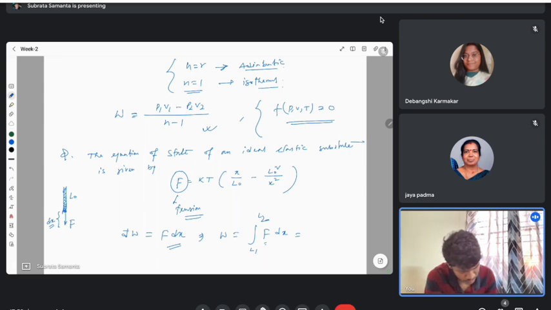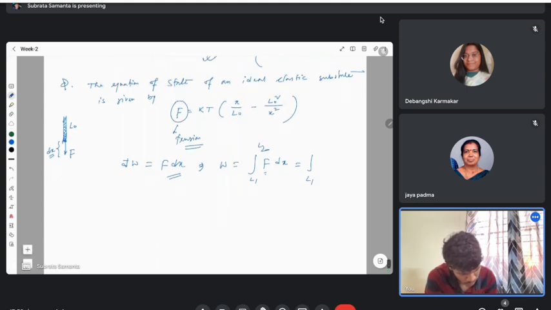So we are just calculating this from L1 to L2, with kT times x by L0 minus L0 square by x square, and dx, right?